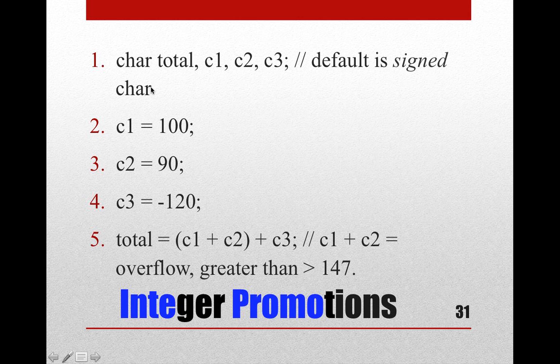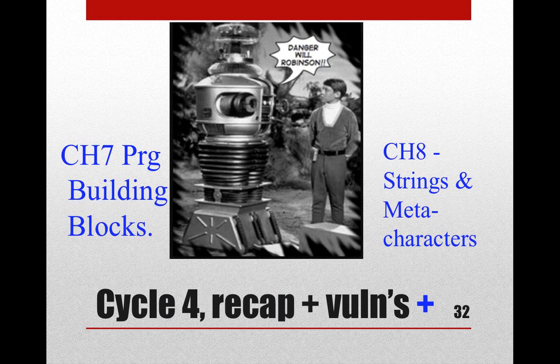This is a char, so it's only 8 bits, and since it is unsigned, it's going to be minus 148 up to 147. So at this point, you would have an overflow right here, just adding these first two numbers together. When you promote them to an integer, you don't have the overflow, and then they're converted back once they're done.